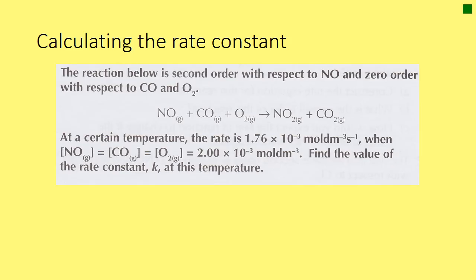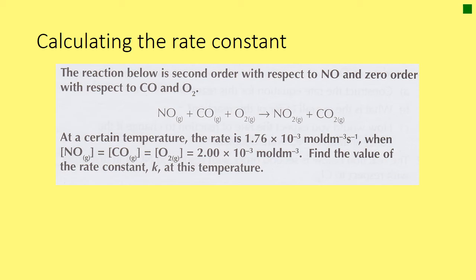Okay, so the next thing that we need to do often is to calculate the rate constant for a given reaction. And again, we have an example here. So the example is this reaction here, where we've got a second order reaction with respect to nitrogen monoxide, and 0 order with respect to carbon monoxide, and also 0 order with respect to oxygen.